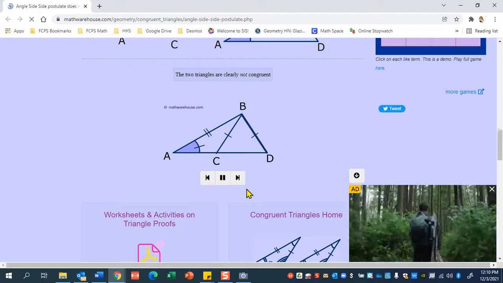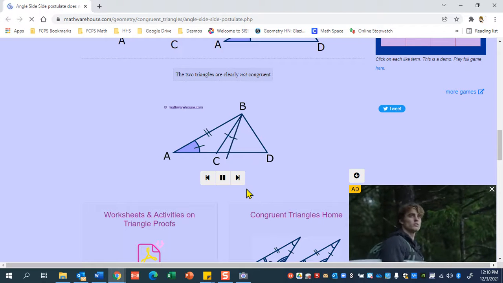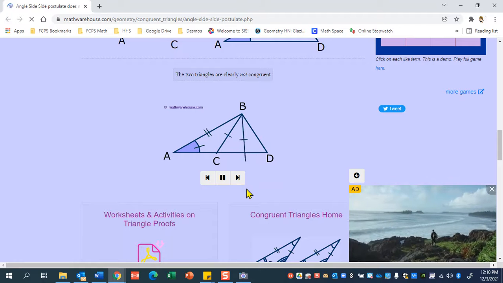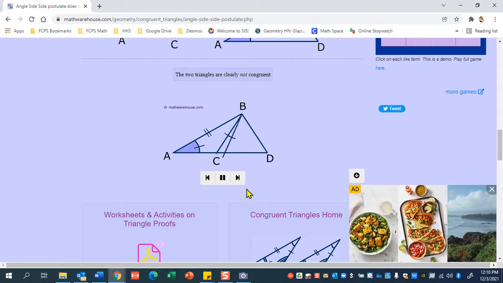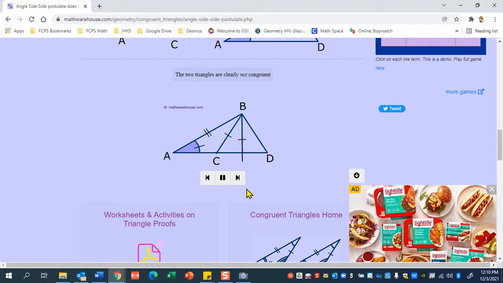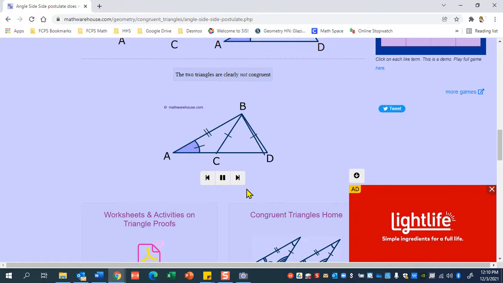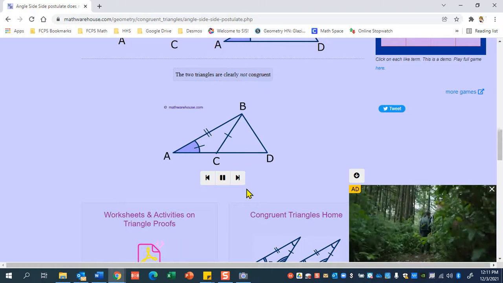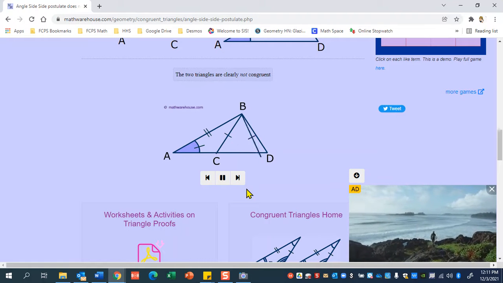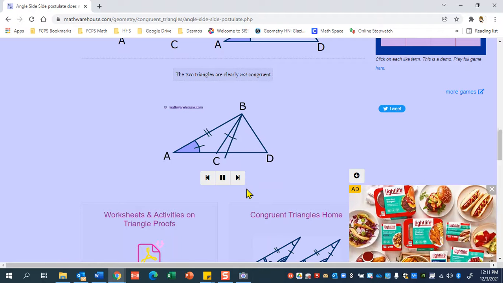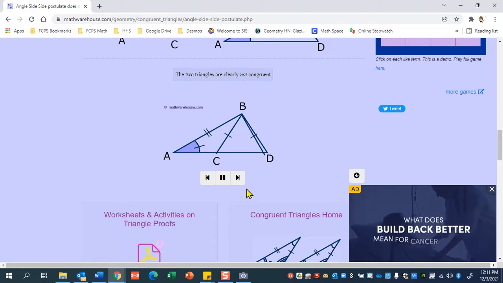So if I have angle A and side B, no measurement of that triangle is guaranteeing that BC is either in the left position or the right position because nobody gave me this angle measure or that angle measure. So because I have neither of these two angle measures or the length of this side, ABC is one triangle, ABD is a second triangle, and they each have those matching two sides and one angle.